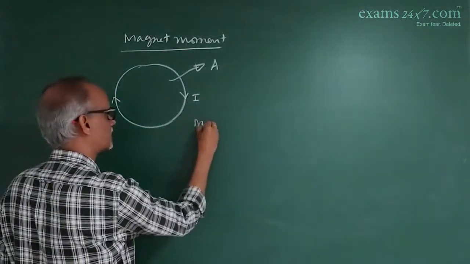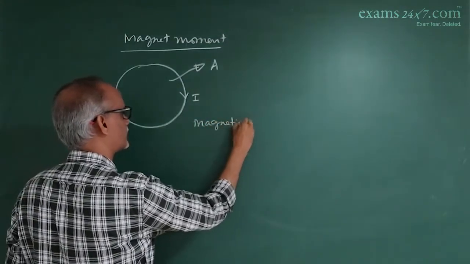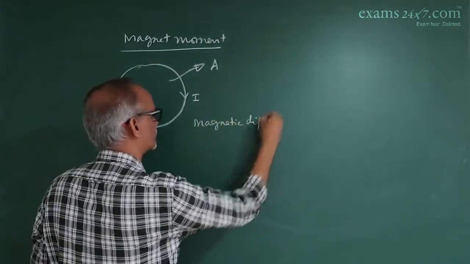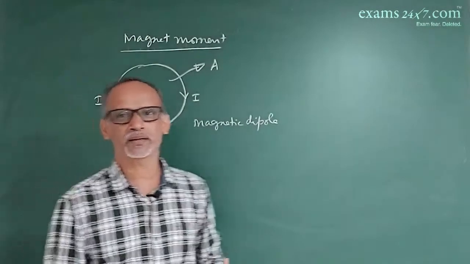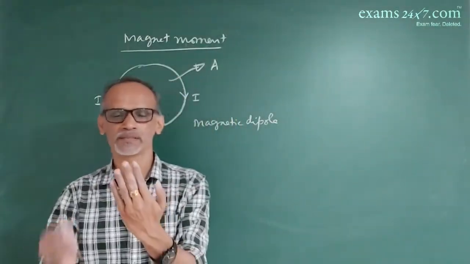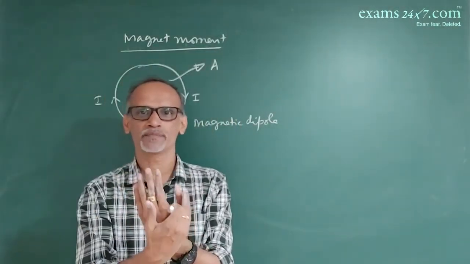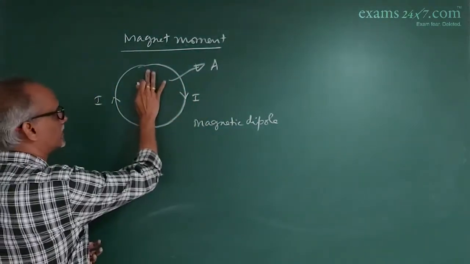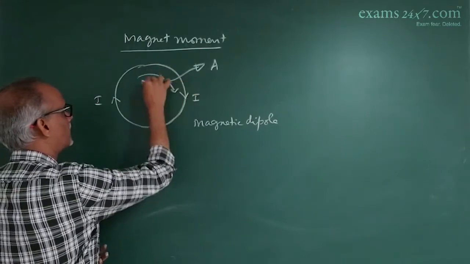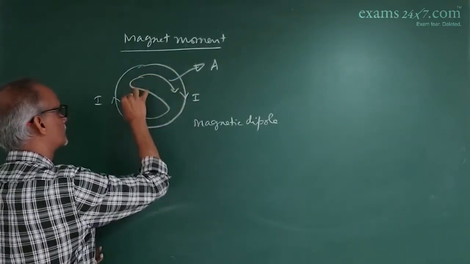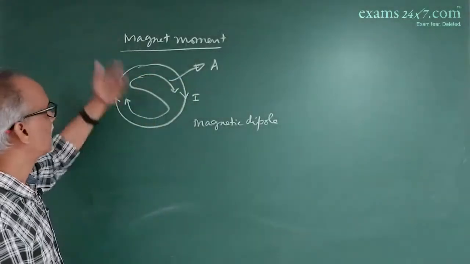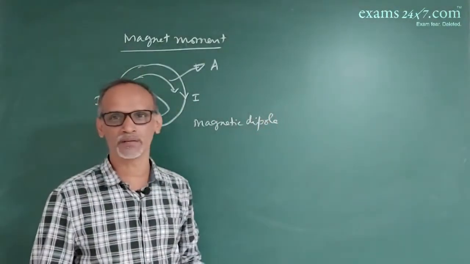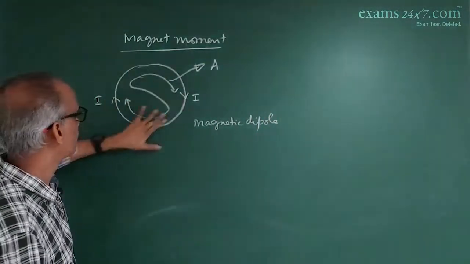So this acts like a magnetic dipole. If it acts like a magnetic dipole, then one face of the coil behaves like south pole, the other face of the coil behaves like north pole. And here we can find that this face of the coil behaves like south pole, and exactly the other face of the coil behaves like north pole, so that this current carrying loop behaves like a magnetic dipole.